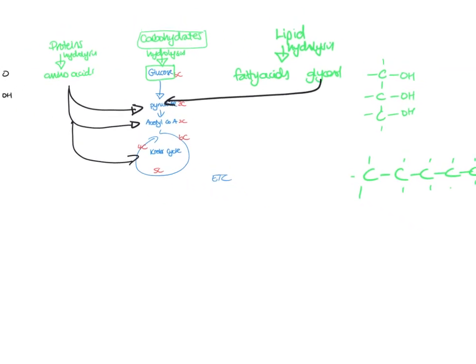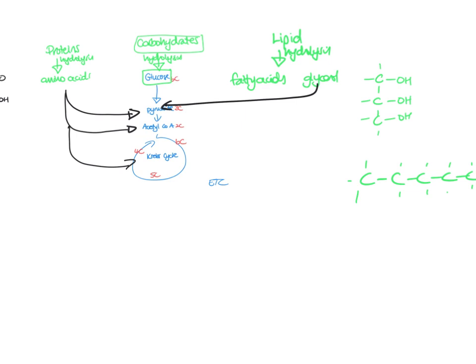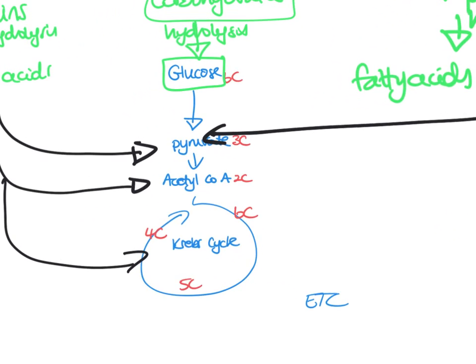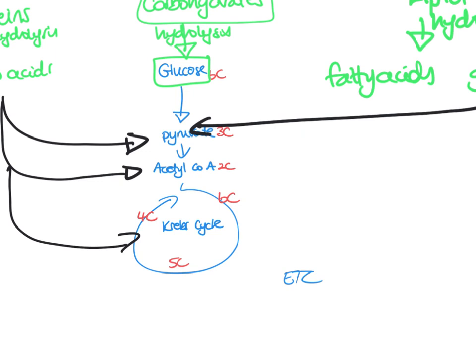So what happens to the fatty acids? Anybody remember? Well, basically they're chopped into 2 carbon units. So there's 2 carbons, 2 carbons, 2 carbons, and so on. And so where there are 2 carbons, they enter here.